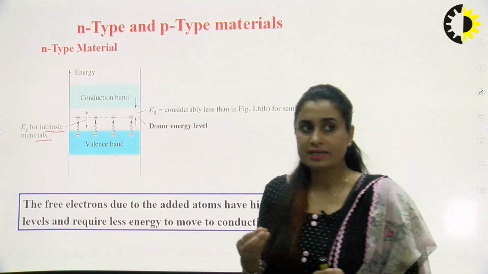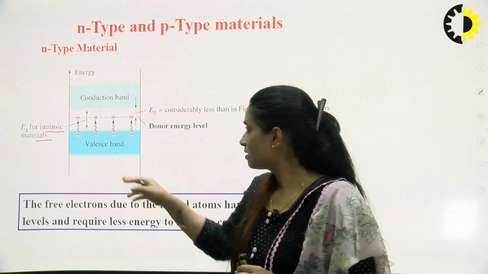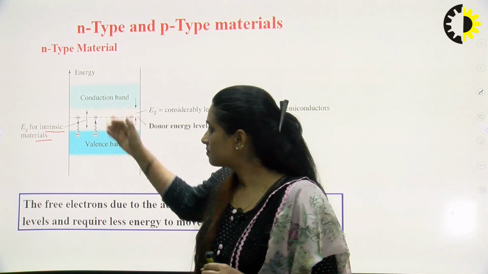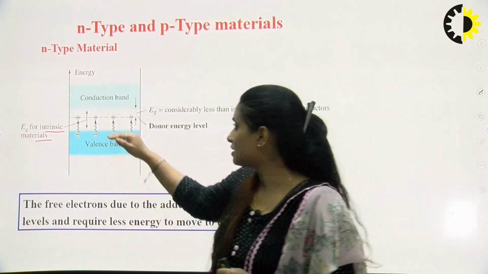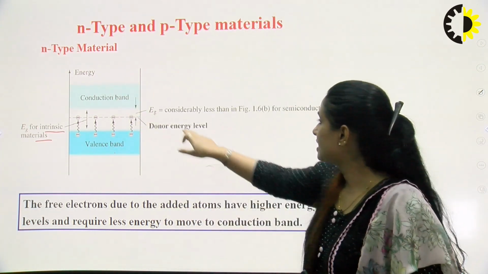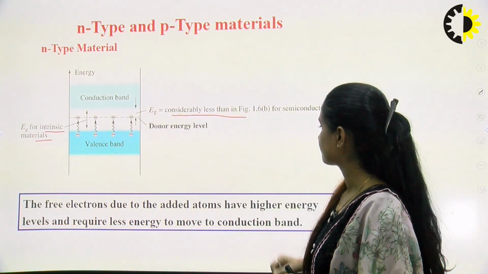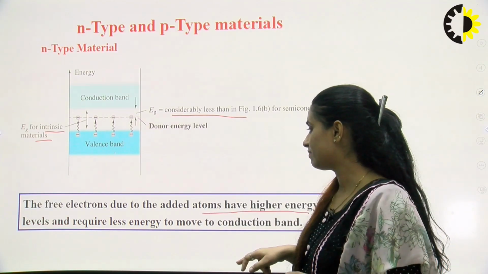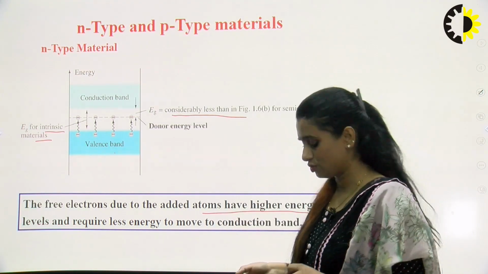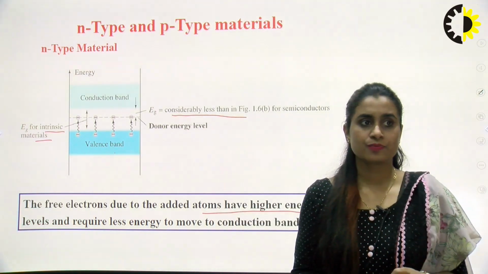So, for an intrinsic material, the jumping of electrons occurs from the valence band to the conduction band. The energy gap is considerably less here, right? The free electrons due to the added atoms have higher energy levels and require less energy to move to the conduction band. True?